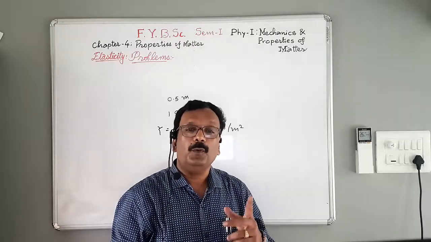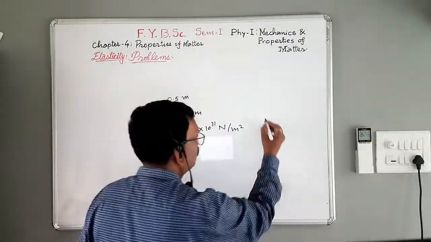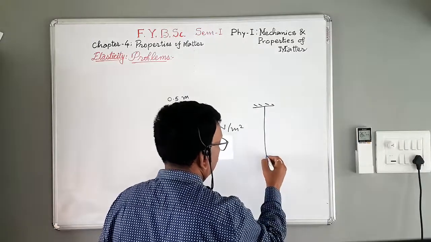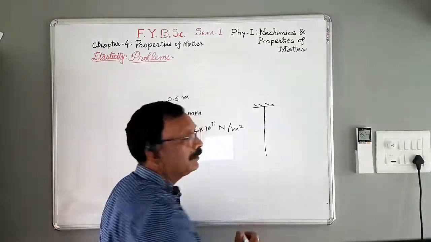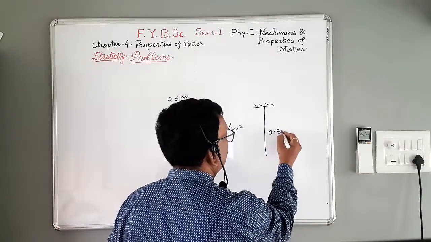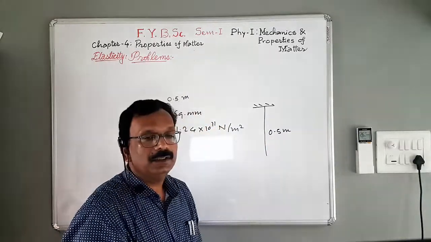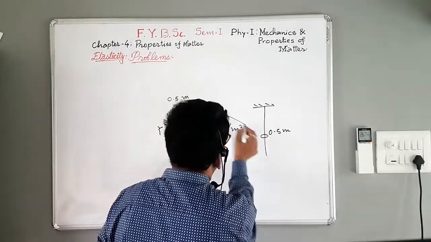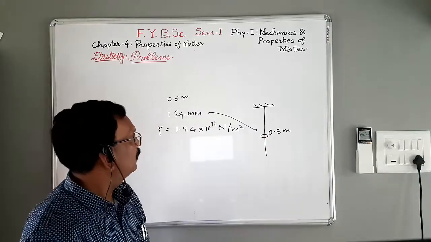through 1 millimeter? Suppose this is a rigid support or ceiling and this is a wire. Okay. The length of this wire is 0.5 meter and area of cross section of this wire is 1 square millimeter.